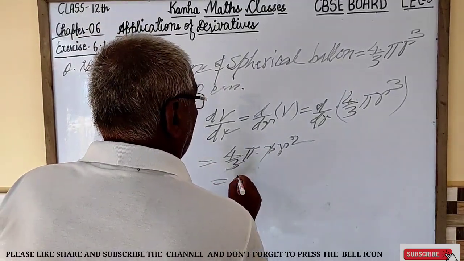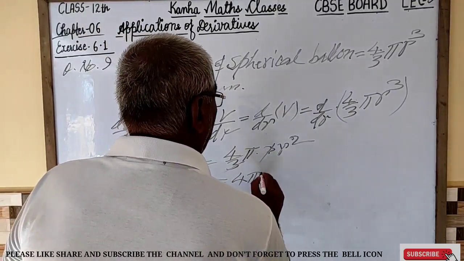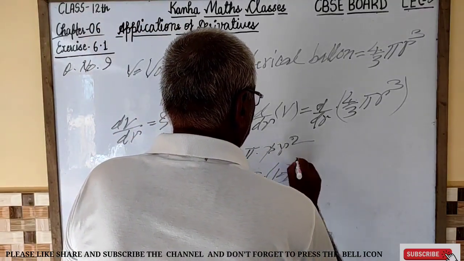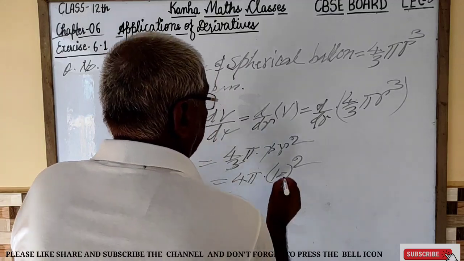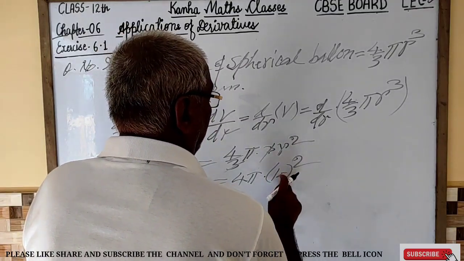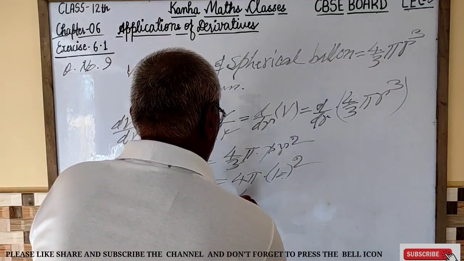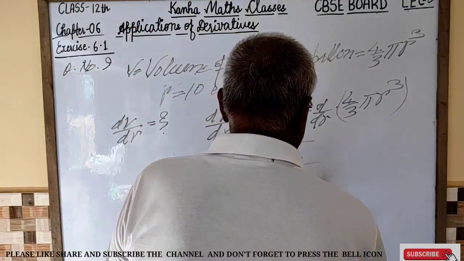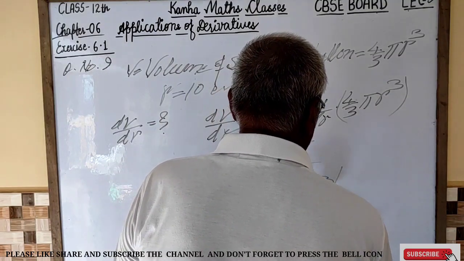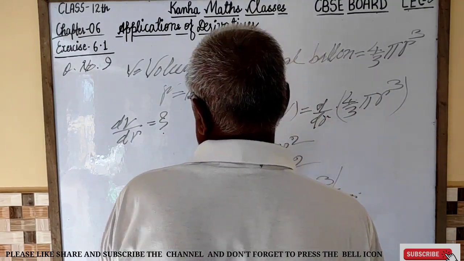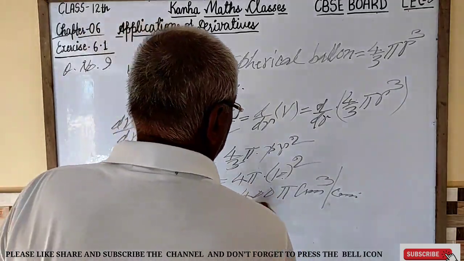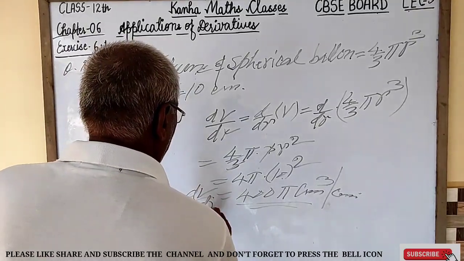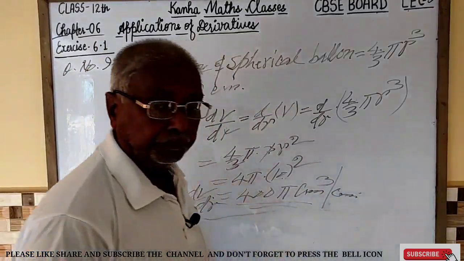Now this is 4 pi, r means 10 square, that is 100, 100 into 4, 400 pi centimeter cube per centimeter. With respect to radius, this is dV/dr and the requisite answer of the question.